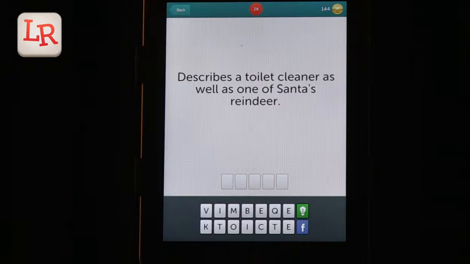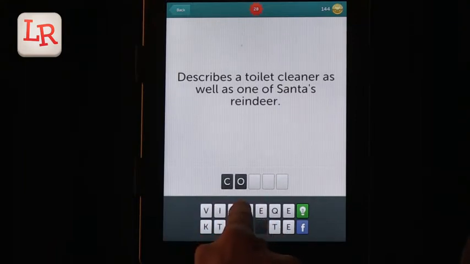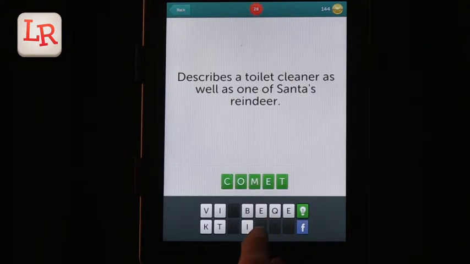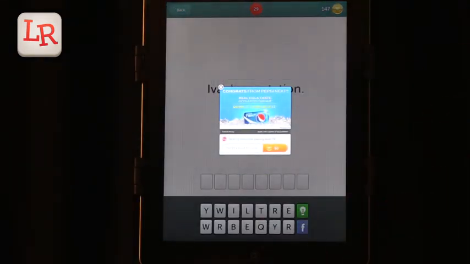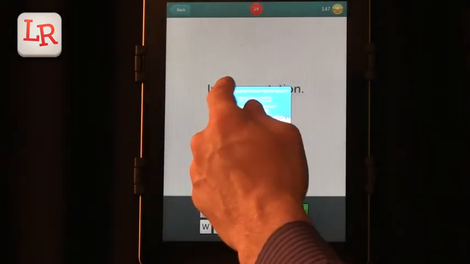In this case, it says describe a toilet cleaner as well as one of Santa's reindeer. Comet will be the right answer. And you get points, and the points allow you to buy clues if you don't know the answer to one of the questions.